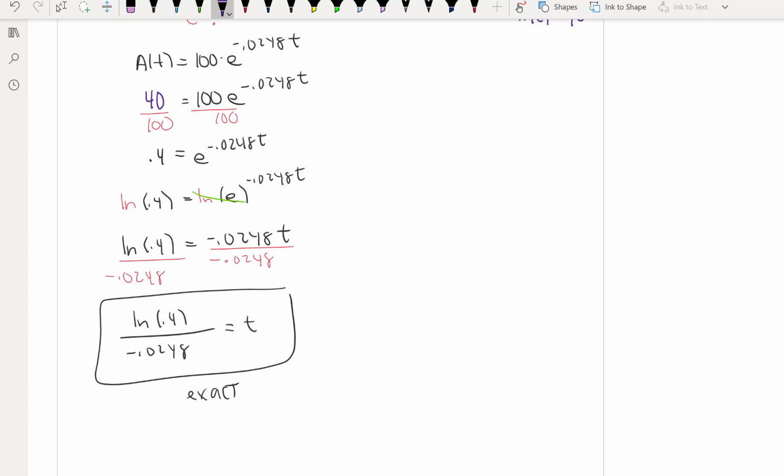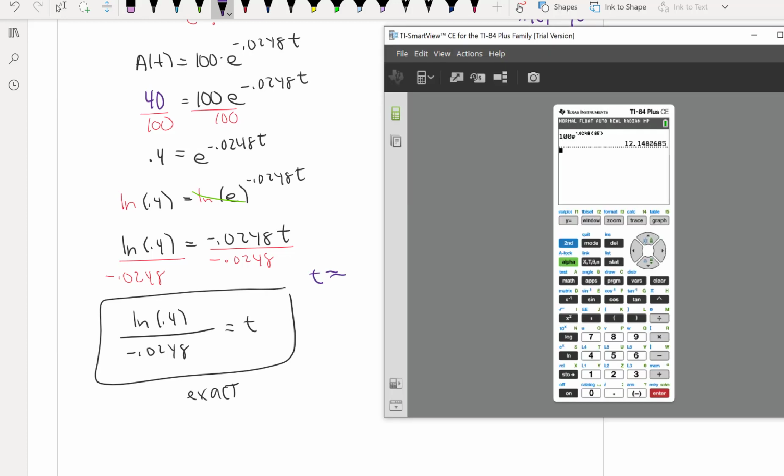And of course, if I wanted the decimal approximation, that means just plugging it into my calculator so that I would have my fraction. So it would have my ln of 0.4, and down at the bottom, I have my negative 0.0248.